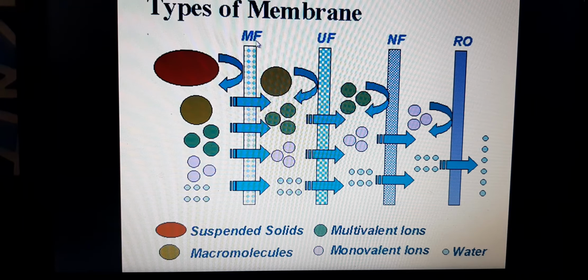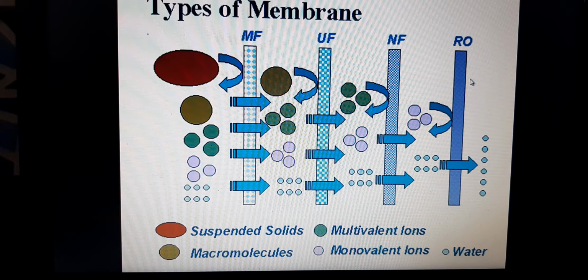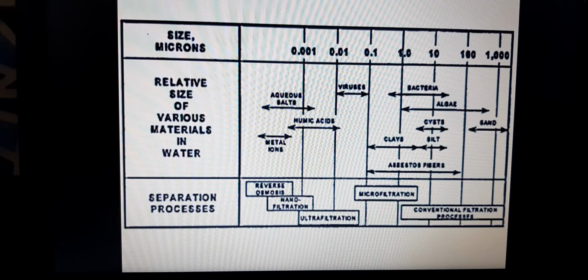This is microfiltration, ultrafiltration, nanofiltration, and RO, that is reverse osmosis. With this diagram, I think you understood how they are differentiated, and which particles will pass through the different types of membranes. Okay, so this is the chart in which the sizes are also mentioned.